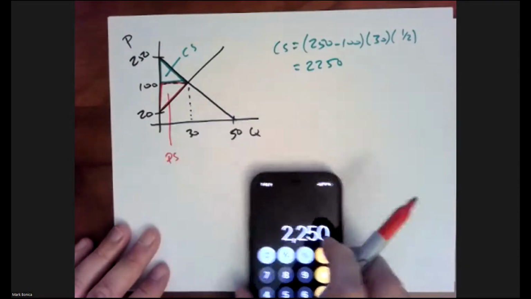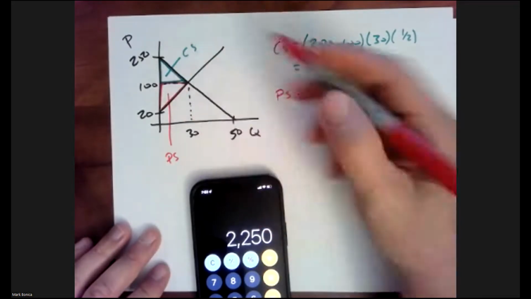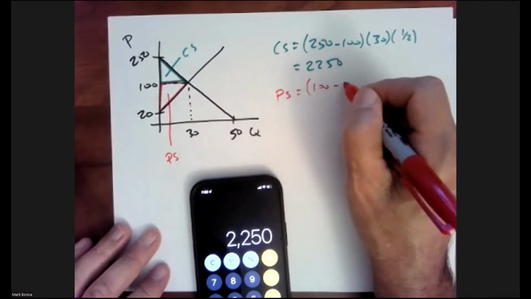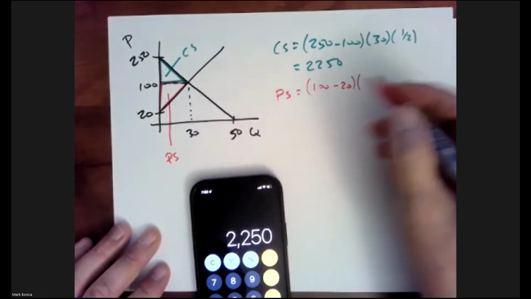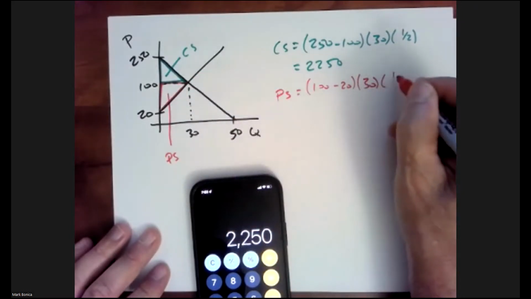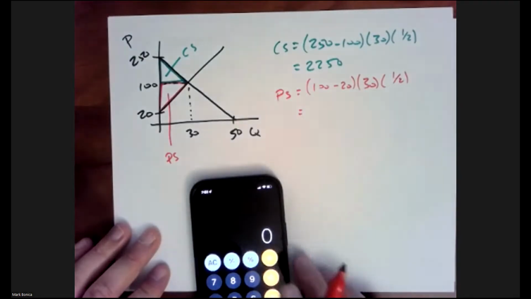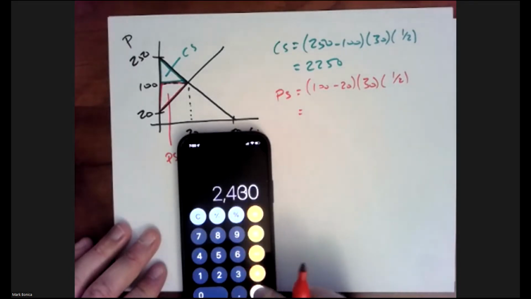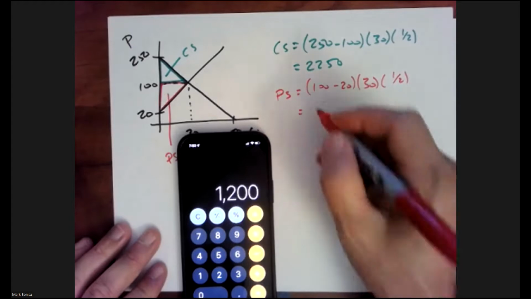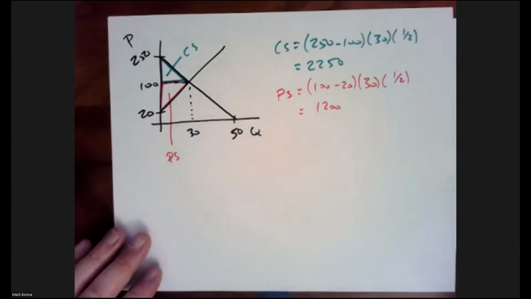And the producer surplus is 100 minus 20, right? That's the height, times 30 wide, times 1/2. So that's 100 minus 20 is 80 times 30 divided by 2, 1200. All right, so that's it for that.